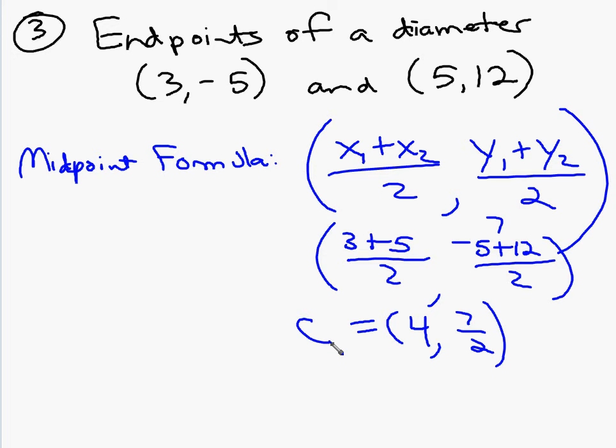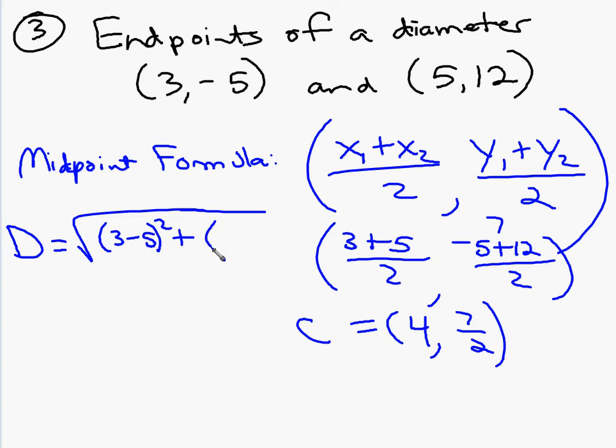Do I have the radius? I have to figure it out, don't I? It's kind of a pain in the rear. This problem just has a lot of work to it because now don't we have to use the distance formula? Yeah, let's go ahead and get that done. And we know the distance formula. Let's just go ahead and start plugging in our numbers. 3 minus 5 quantity squared plus negative 5 minus 12 quantity squared.